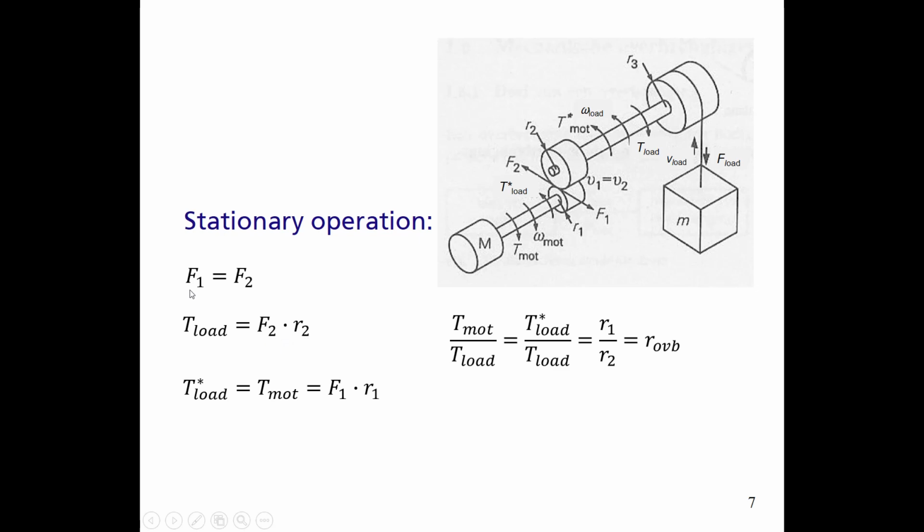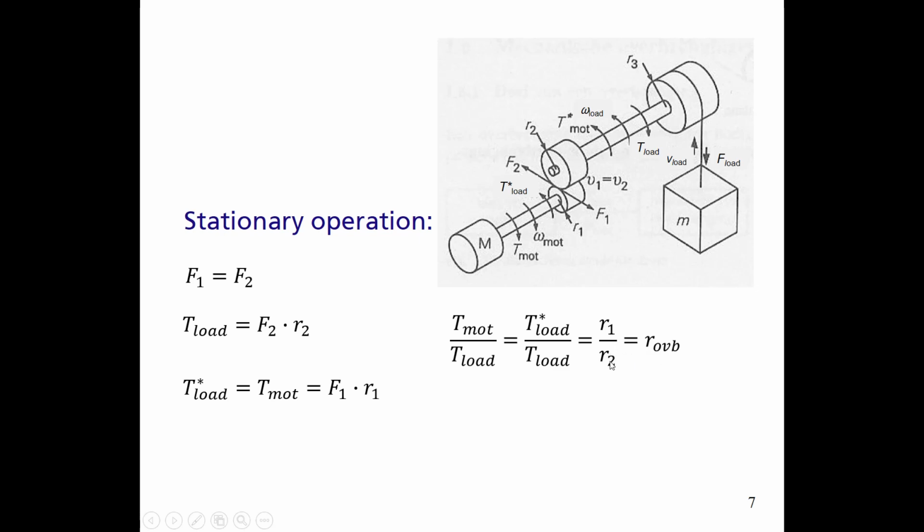But we have seen that F1 has to be the same as F2, so F1 equals F2, so we get T motor divided by T load is equal to R1 over R2. And that is what we call the ROVB, the transmission ratio. And OVB is the abbreviation of the Dutch word overbringing, the Dutch word for transmission. So the transmission ratio is defined as R1 over R2.